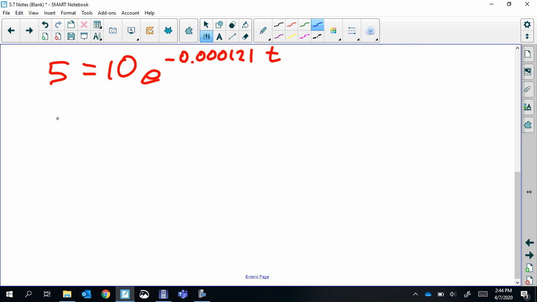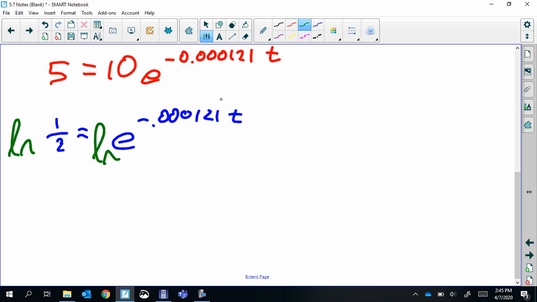So 5 divided by 10 is 1/2, which is going to be very common in half-life. That's the way it's going to work out, because it's half-life. And then we would natural log both sides, exponents to the front.